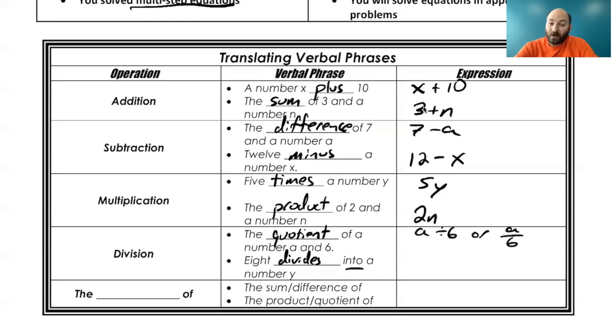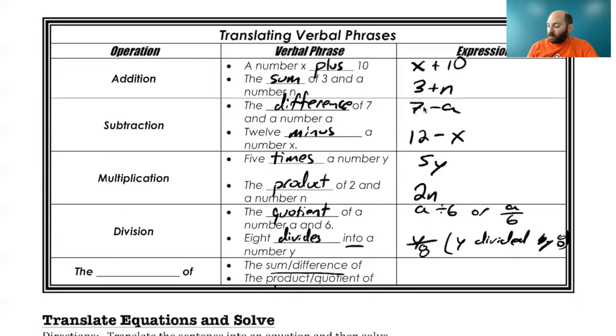We can write it as fractions. If I say 8 divides into a number y, then I'm going to say y divided by 8. That's another way of saying the same phrase. That's where it comes up a lot.